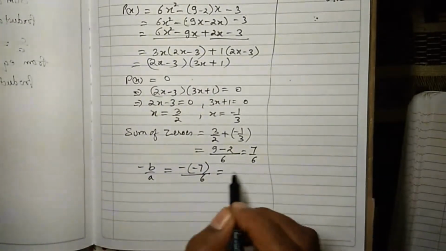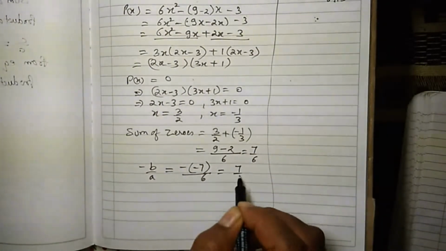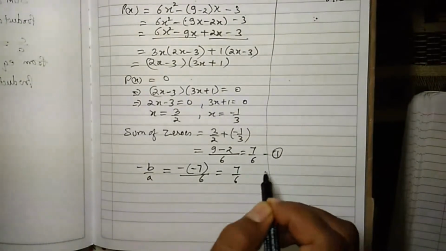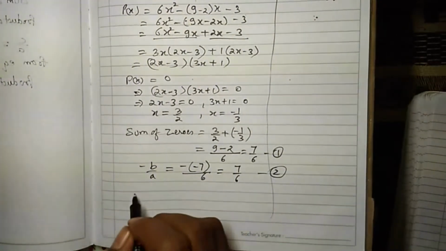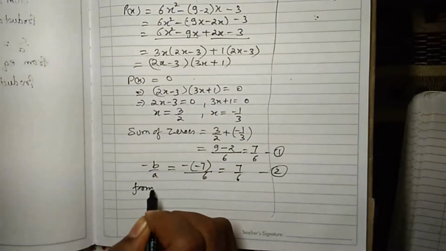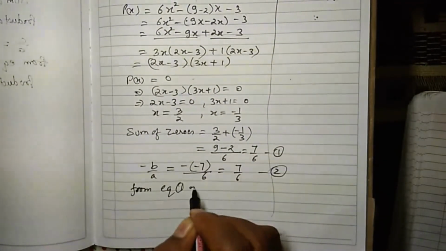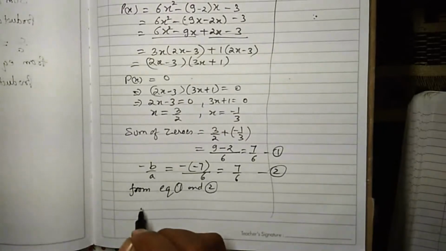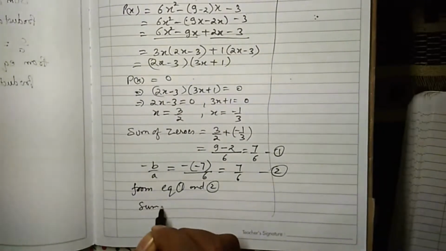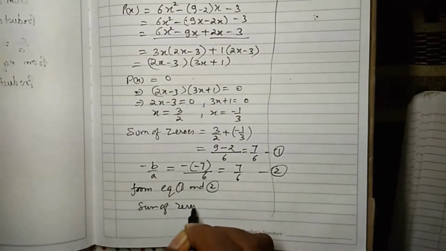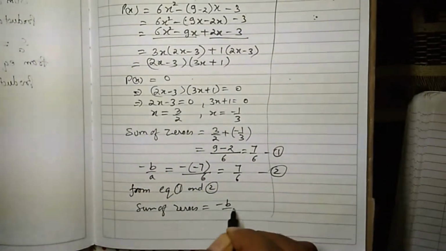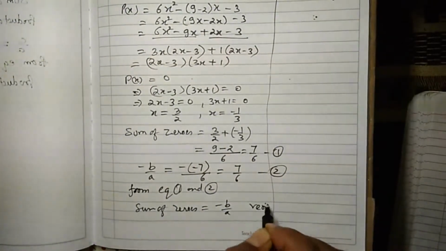So you will get minus into minus, that is plus 7 upon 6. This is first one, and this is second equation. From equation 1 and 2, you can say that sum of zeros equal to minus b upon a, so it is verified.